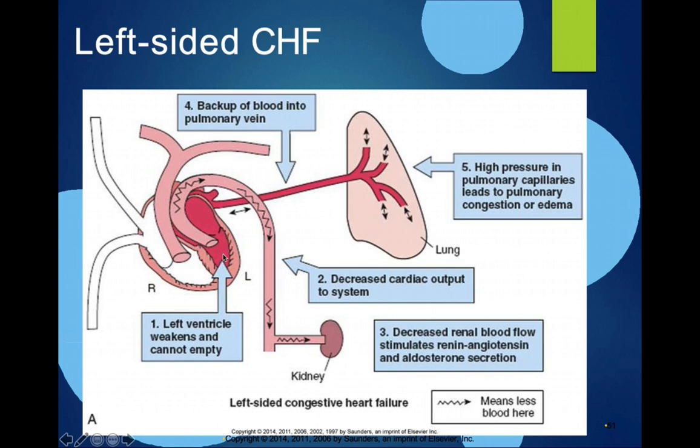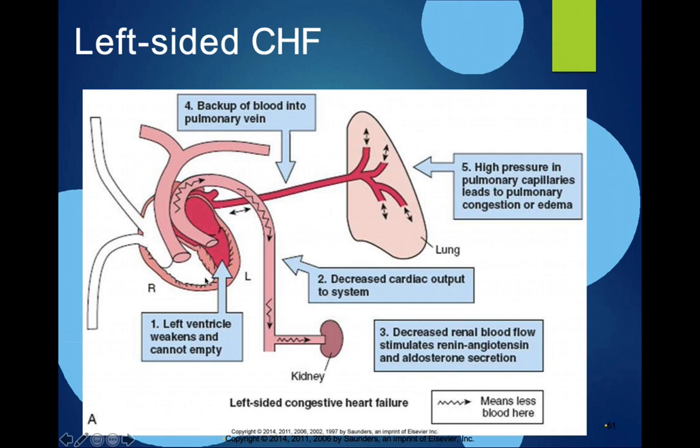Left-sided coronary heart failure. Again, I'll say it again. Let's look at the natural flow. We have blood coming in through the superior vena cava and inferior vena cava, drives blood into the right atrium. It's deoxygenated blood. Then it empties through the tricuspid valve into the right ventricle.